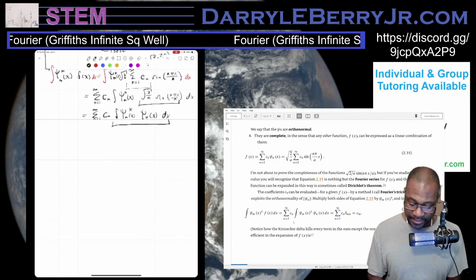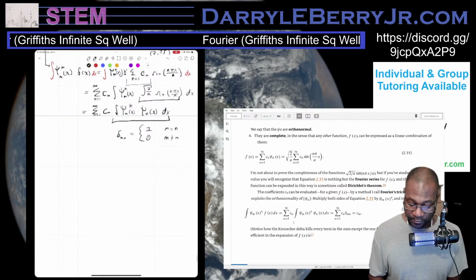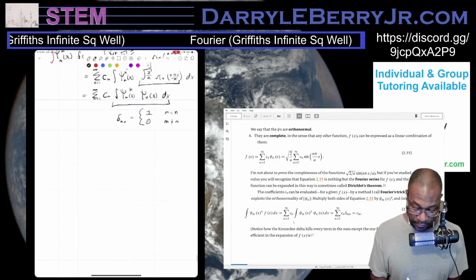So this is basically the Kronecker delta, where it's going to equal 1 if m equals n, and 0 if m does not equal n, which means we'll only get a value when they're equal.